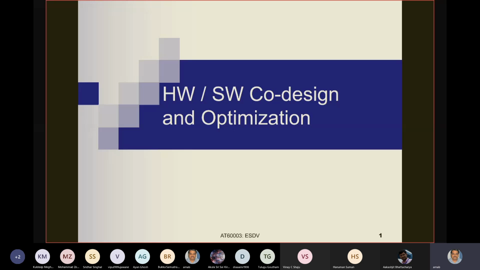And we will complete the course with formal verification techniques related to embedded systems design. So let me start with hardware software co-design and optimization.